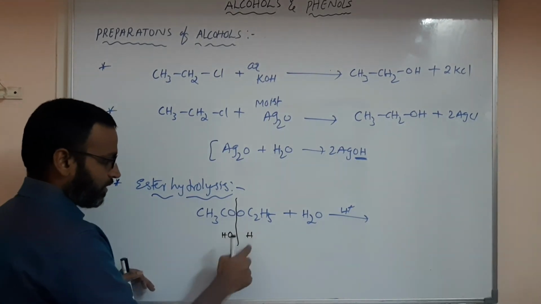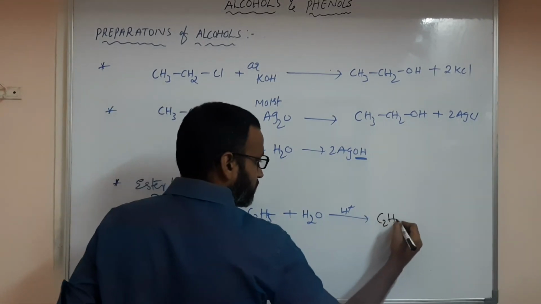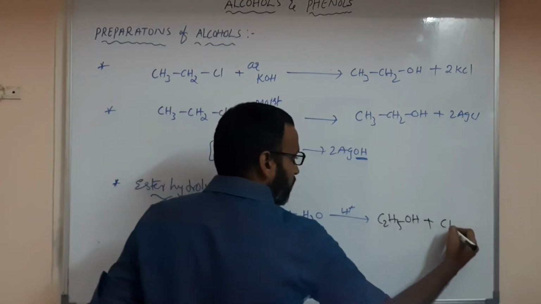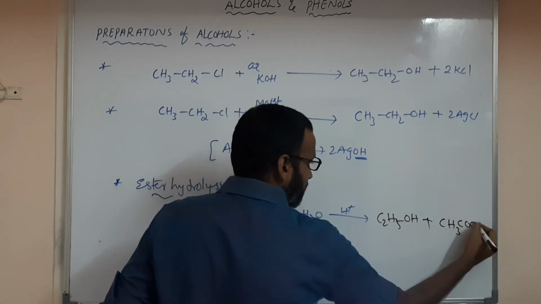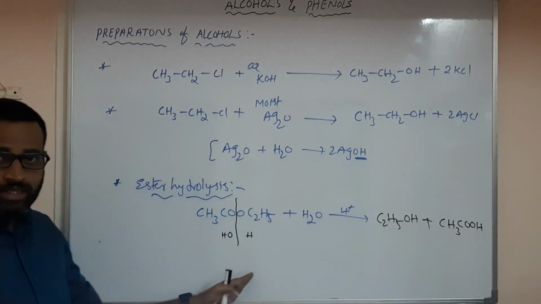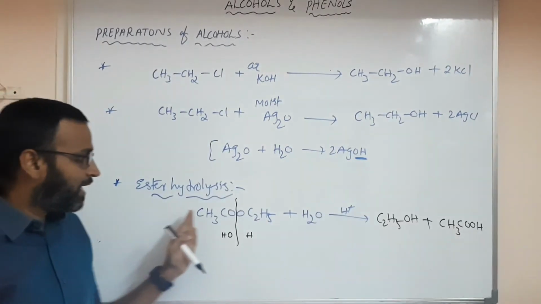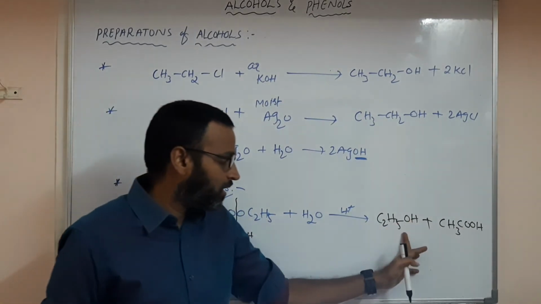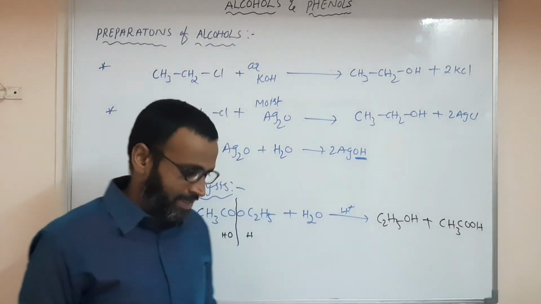That means you have C2H5OH alcohol and carboxylic acid. The reverse reaction also happens, everybody knows. Esterification is the reverse reaction. Ester hydrolysis means addition of water to ester, then you get alcohol and carboxylic acid.